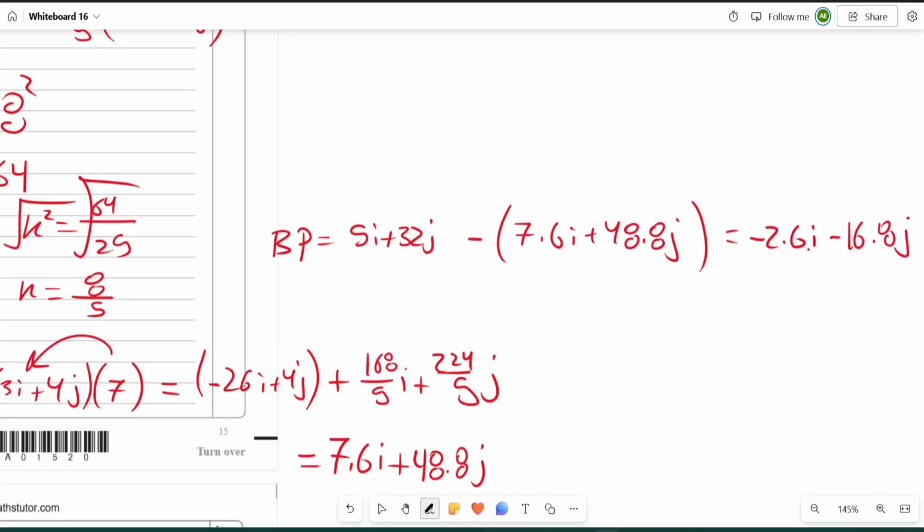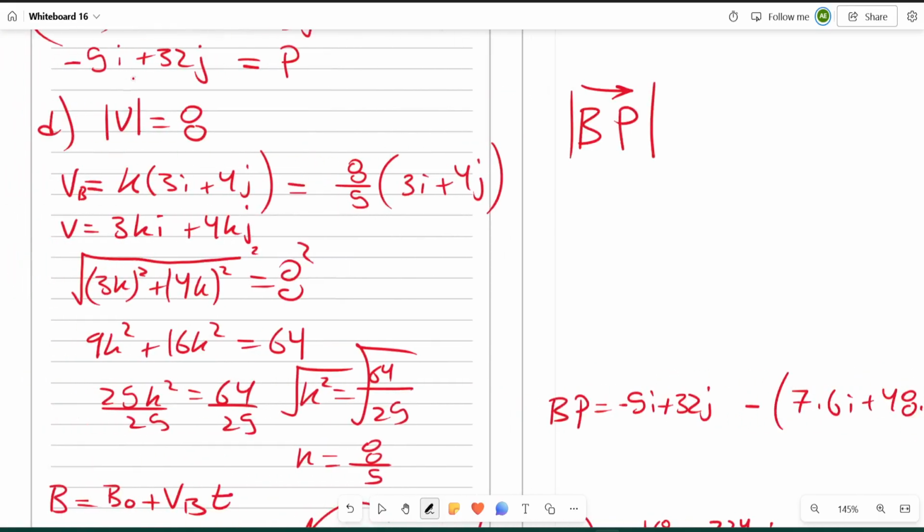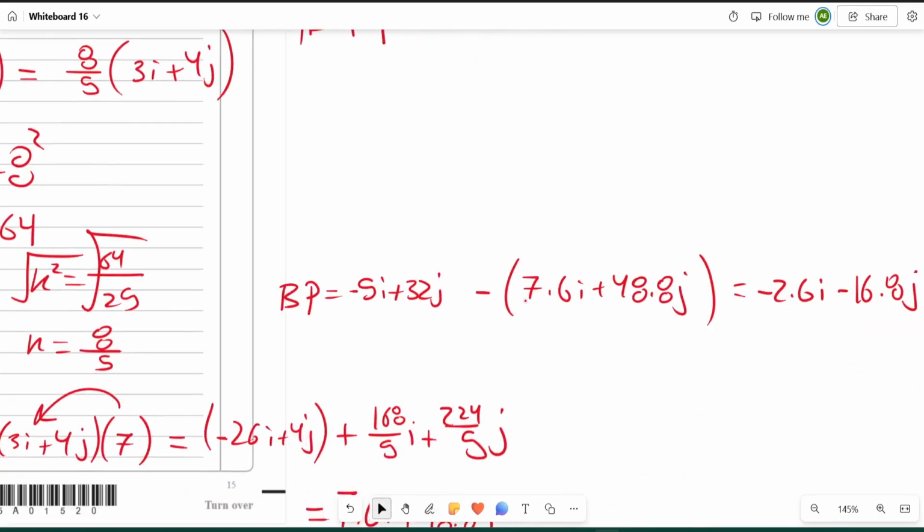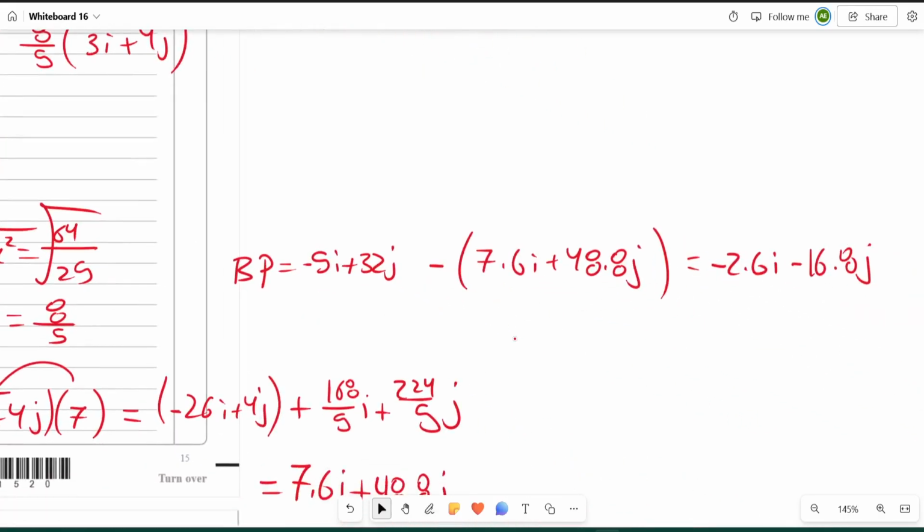16.8J. And to find the distance, wait, this is negative 5. So minus 5 minus 7.6 is not 2.6, it is negative 12.6. Yes, negative 5 minus 7.6 is negative 12.6. So to find the distance, let's actually write it properly.